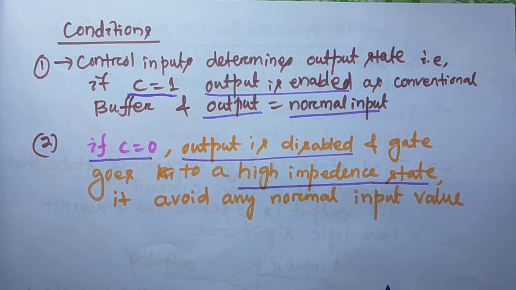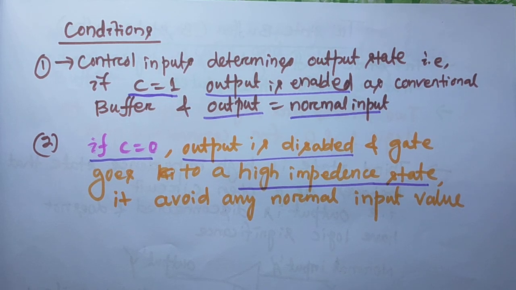It doesn't receive any input value or provide any output, whatever the input value is. These two conditions apply for the tri-state buffer. This is the basic concept. I explained how to design a three-state buffer and what the conditions are. These two things we have to remember.